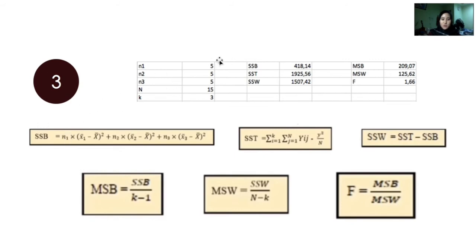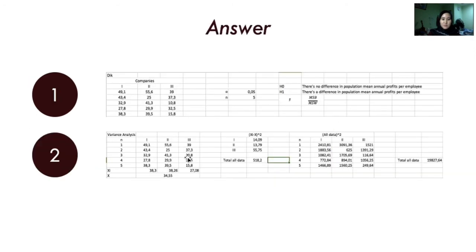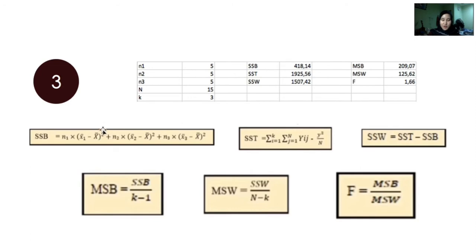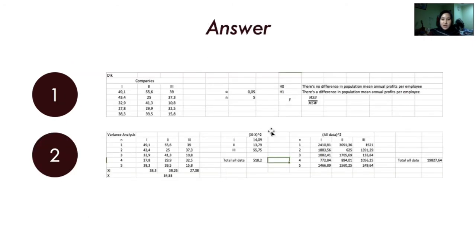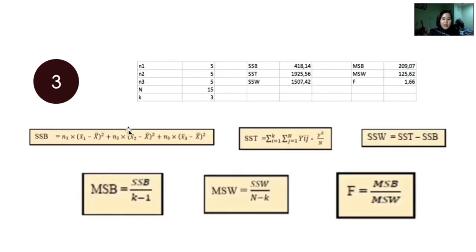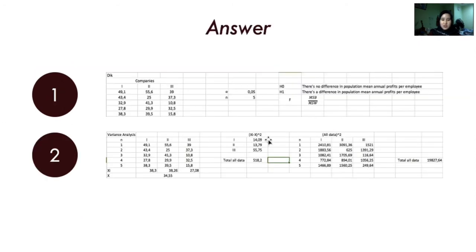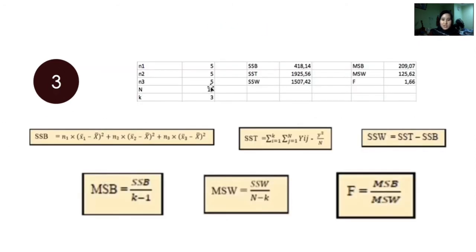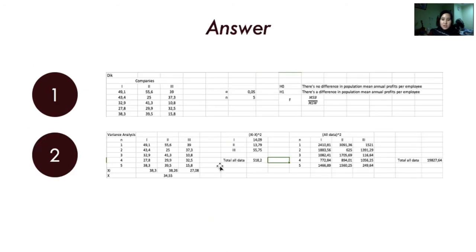Like the first one is this times this, and then we squared it. We squared this, and so this is multiplied by this, and then plus this times this plus this times this.